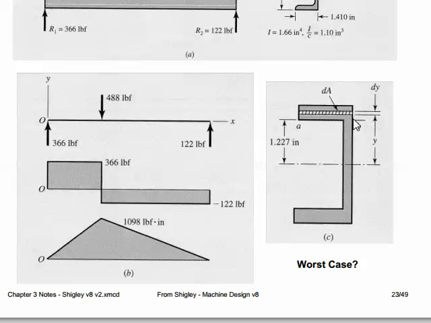So we need to calculate MY over I at this corner, and we need to calculate VQ over IB at this corner, and take them to Mohr circle, combine them, and then compare those stresses to the pure bending stresses that would occur at the top and bottom fibers. So that's the plan.